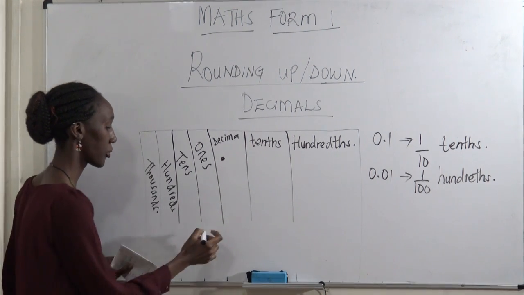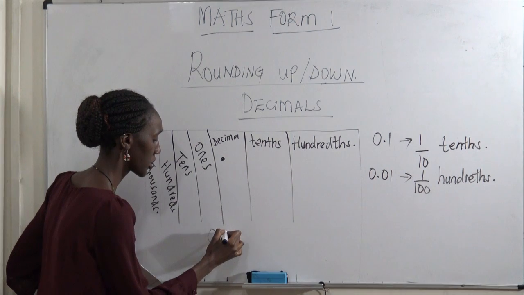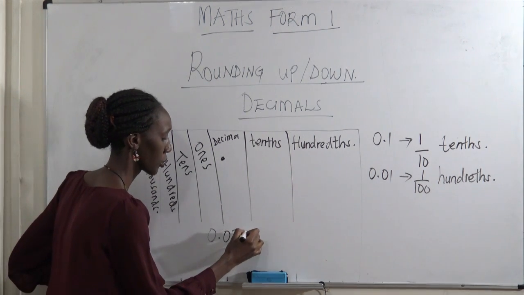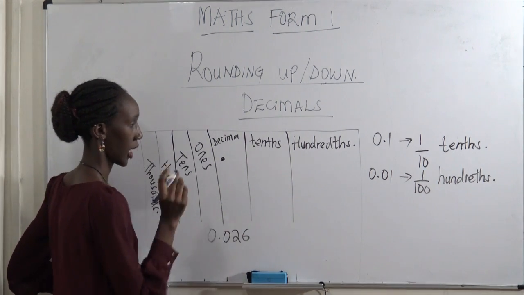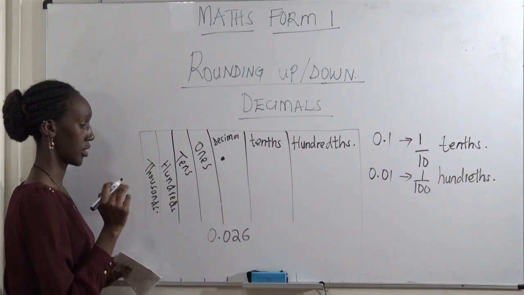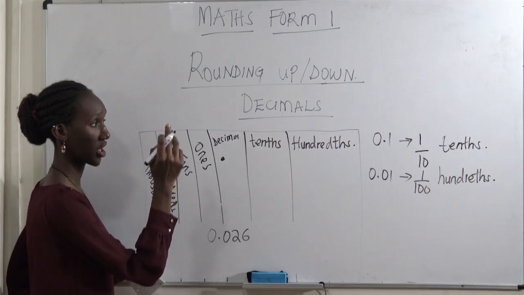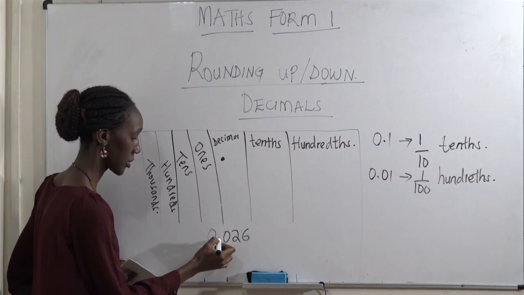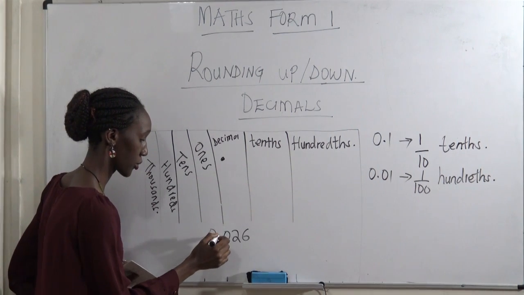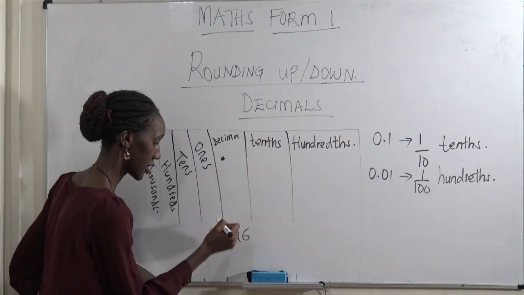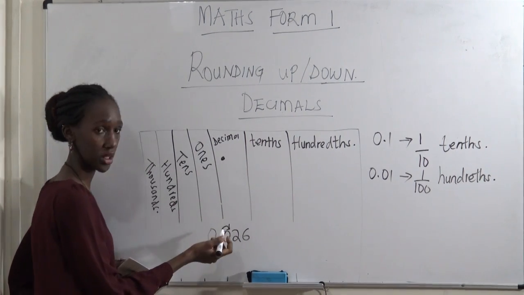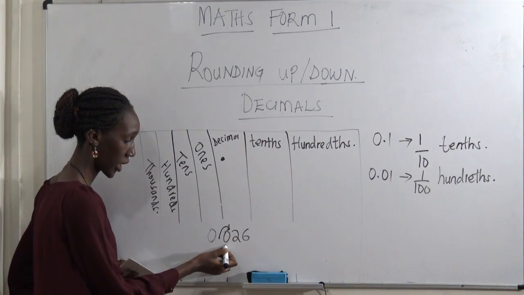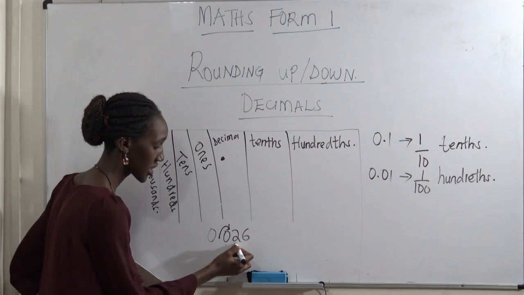For example, if I have 0.026, I'm told to round this figure to the nearest tenths. So you know tenths is just immediately after the decimal. So move one place, this is the tenths. So this is my place value. After the place value, look at the immediate number.